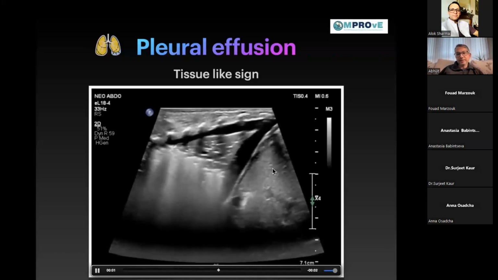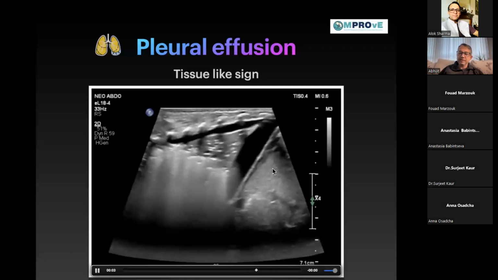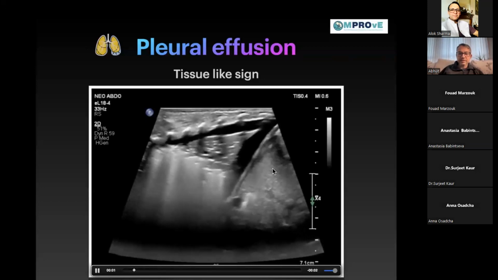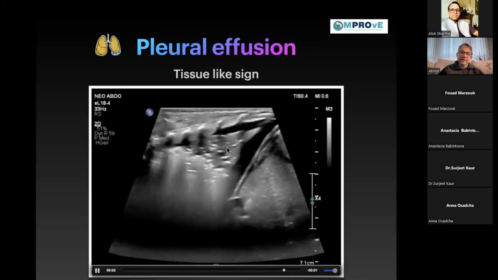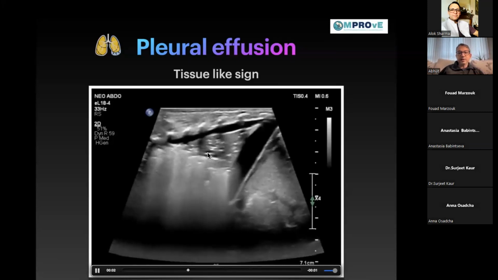And we know from pathology, the advanced stage of pneumonia is hepatization. And that's what hepatization means. So your lung lobes look like liver on your lung ultrasound. So this is hepatization in pathology, and we call this the tissue-like sign. It's like a liver tissue, this entire lobe.